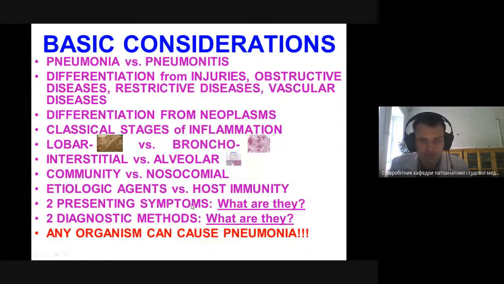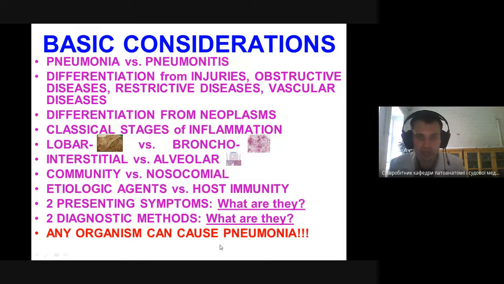Presenting symptoms, what are they? Cough and dyspnea. Two diagnostic methods, what are they? So I guess CT scan, radiological method, and probably spirography.